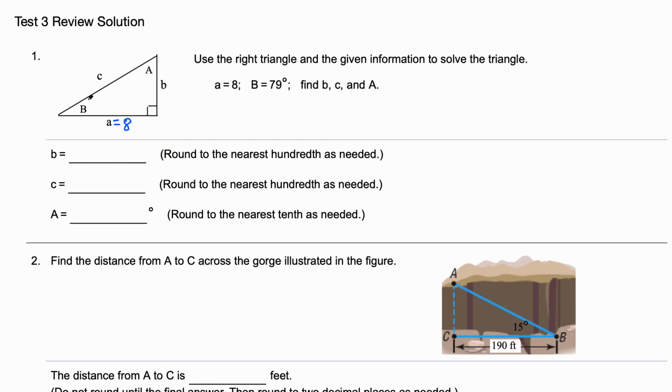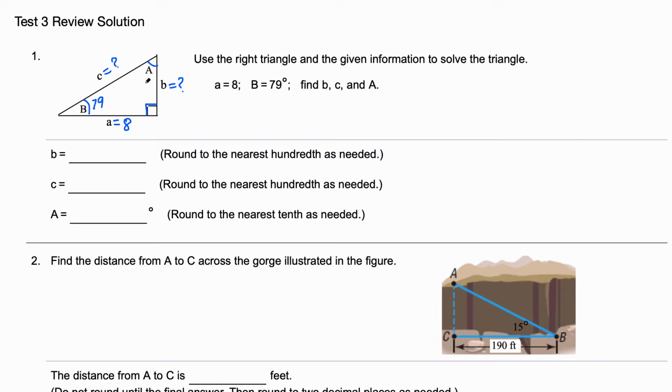Angle B is 79 degrees. Now, right triangle means this is 90 degrees. Now we need to determine b, c, that's the hypotenuse, and angle A.